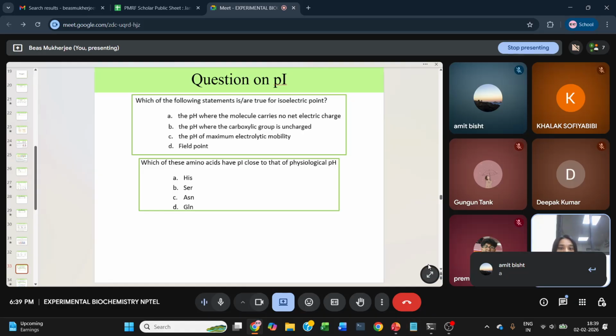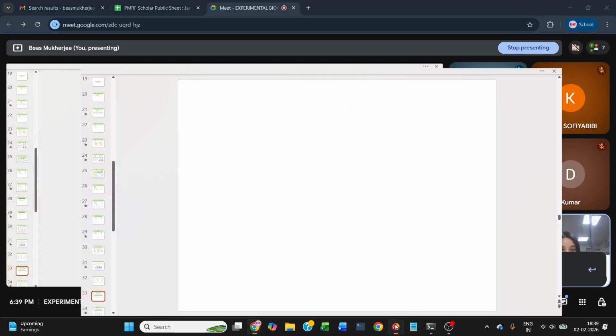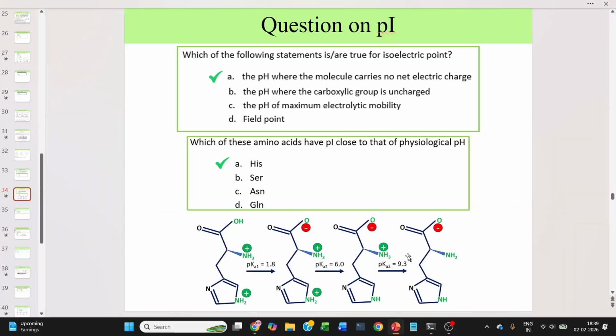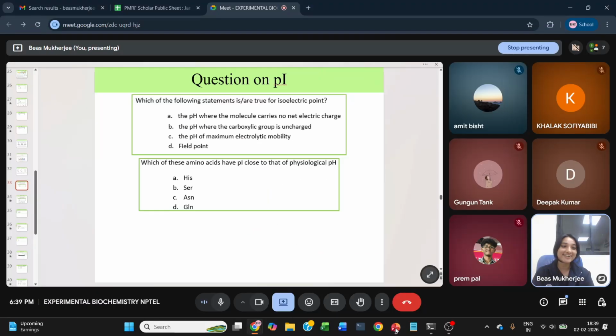Okay, so you are saying that it is A. Okay, let's see. Sorry, I revealed the other question's answer also. So for the next question, which of these amino acids have pI close to that of the physiological pH? Okay, try answering. Which one of these are not charged? Which will have only 2 pKa values, and only then they will have the pI close to the physiological pH.